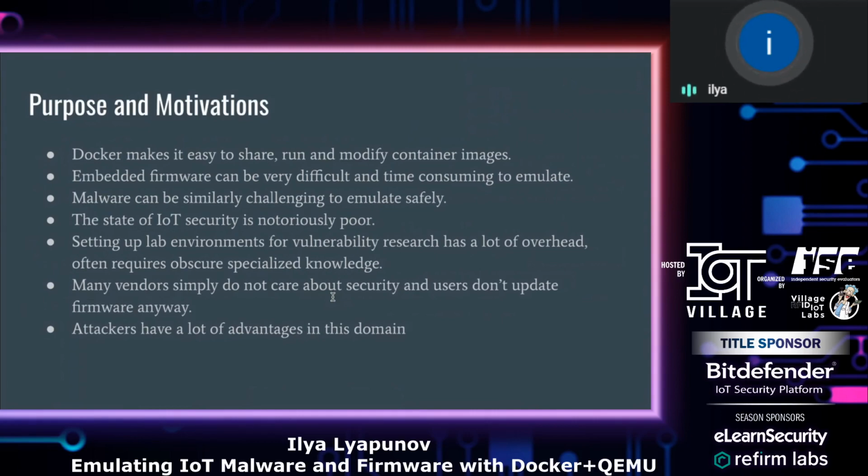So one person does the work to build an image of some vulnerable device, publishes it on the Docker hub, and then anybody who wants to research it can just docker pull that thing and it'll run on their machine. There's no need to have KVM and QEMU or to do any of the old-fashioned techniques that are required to set up a working emulation environment.